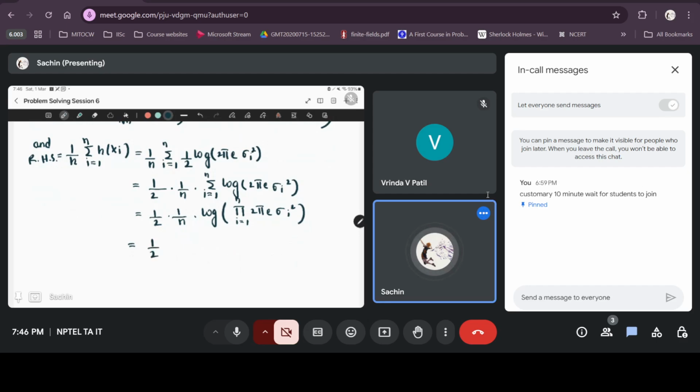And you can take the 1 over n inside the log and write it as 2 pi e times the product of sigma i square to the power 1 over n.